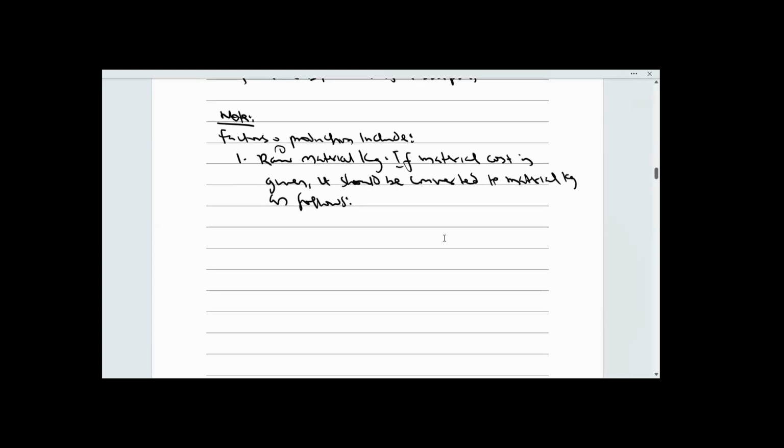So, if in the question you are given raw material cost, you need to convert it to material kilogram.